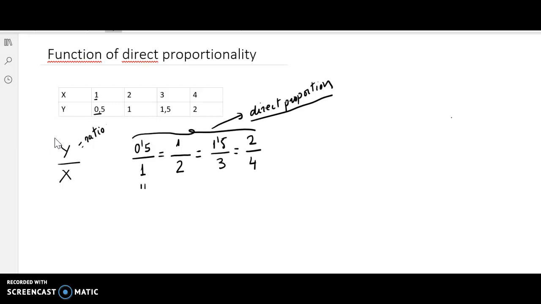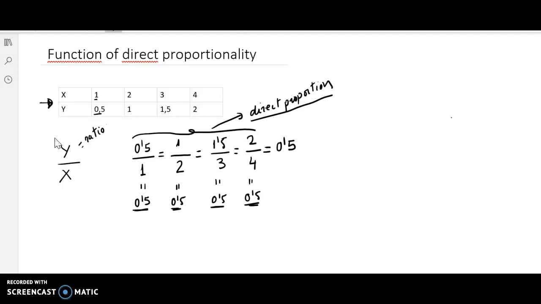If we divide 0.5 by 1, we get 0.5. 1 over 2 is 0.5, and the same for 1.5 divided by 3, and 2 over 4, 0.5. Well, as we get the same number all the time, we can say that this function is a function of direct proportionality because we get the same number all the time. And this is equal to 0.5.